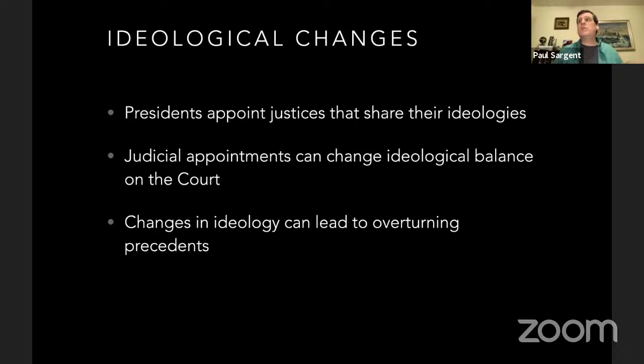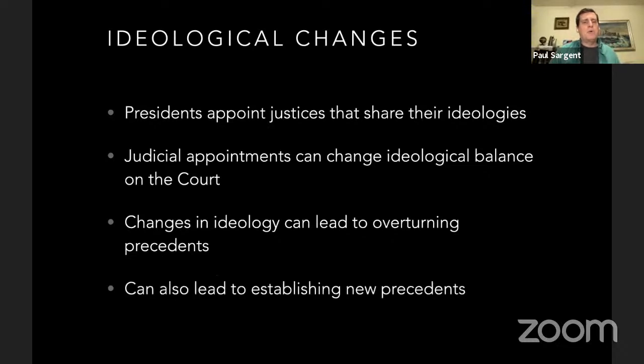So some of the things which 5, 6 years ago might not have been questioned, which might have been very solidly inside of stare decisis, well, now maybe those things are open to be challenged because there's a conservative lean to the court, which will be more open to hearing cases which had previously not been in question. You never can predict what the Supreme Court's going to do. But that ideological change is really, really important.